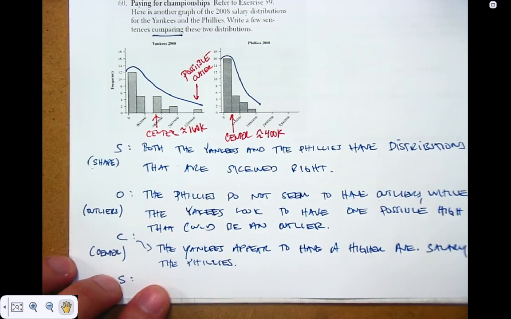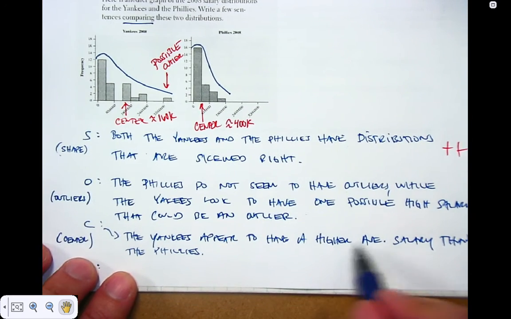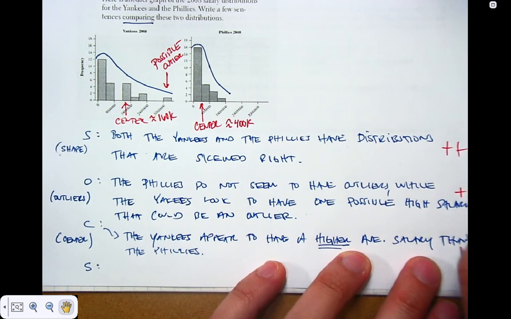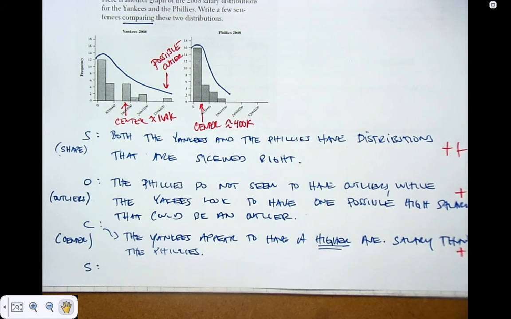And that's a great sentence, right? It's using comparison words, right? Higher. Okay, so again, all of these are worth 2 points. Context, comparison words, and answers.